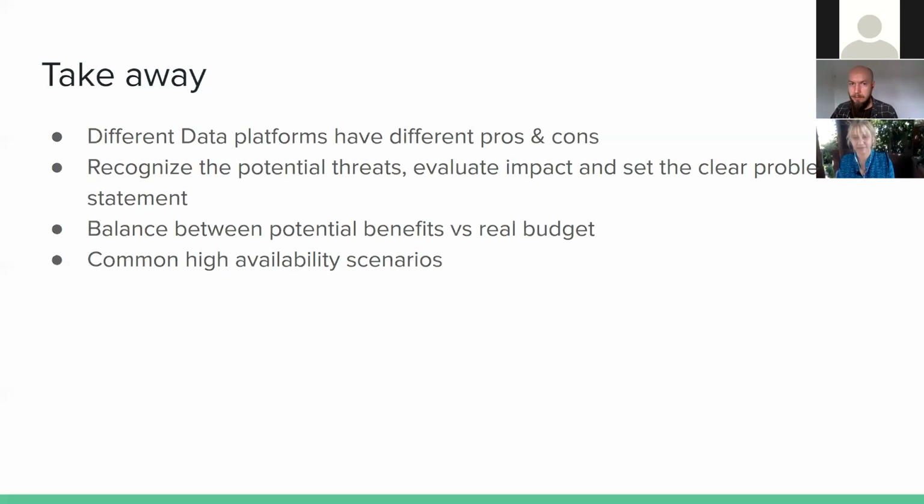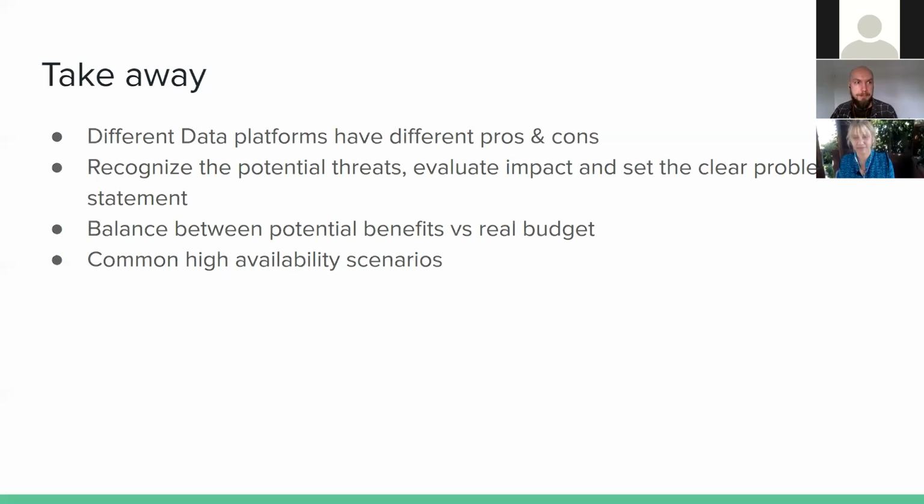The real challenge for everyone is to understand that the benefits the solution provides cover your budget. We will also talk about some common high availability scenarios. So those are the takeaways. I hope you will be comfortable answering this question after this session.